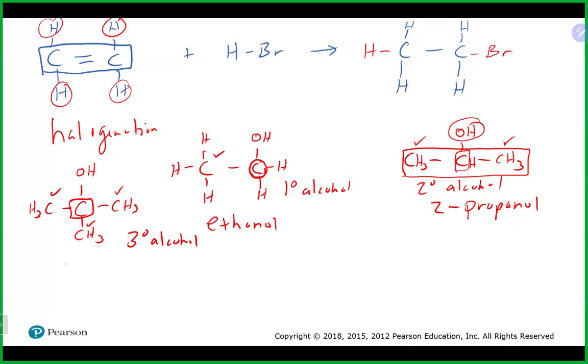So we have 2-methyl-2-propanol in this case. And again, a tertiary alcohol. So these alcohols are created through a reaction of an alkene, a hydration reaction, and you will produce some type of alcohol. Any questions on that? All right, we'll leave it there for today.